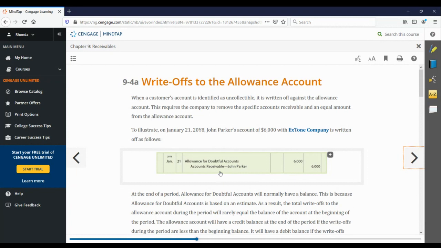This has actually happened, and we will now write off the accounts receivable, which means we are crediting our accounts receivable to show that it is being reduced. This is how we write off an accounts receivable using the allowance method.